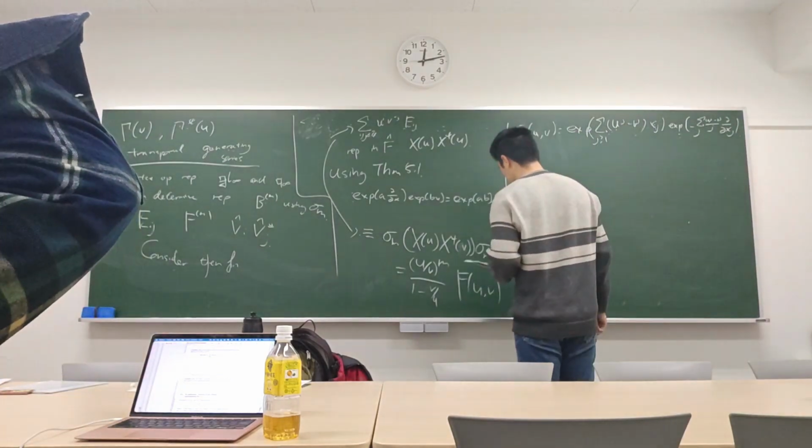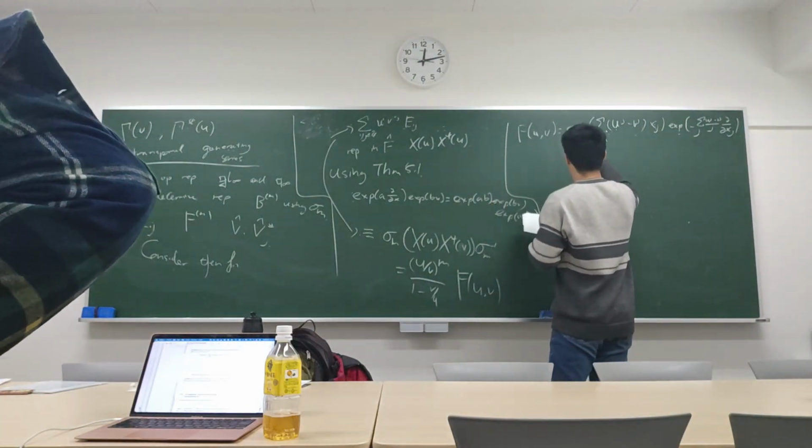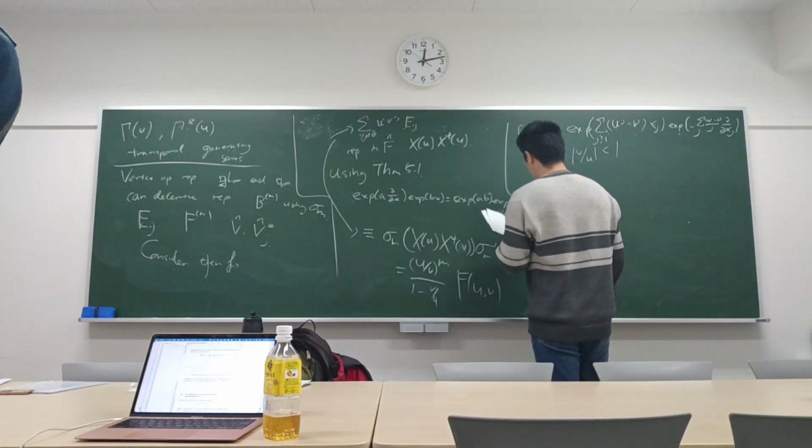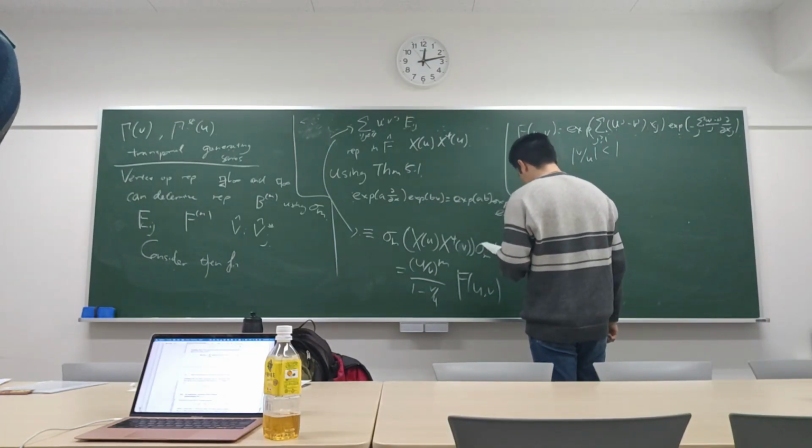So in evaluating this, there's an assumption, which is that P over U is there to make sure that it converges.